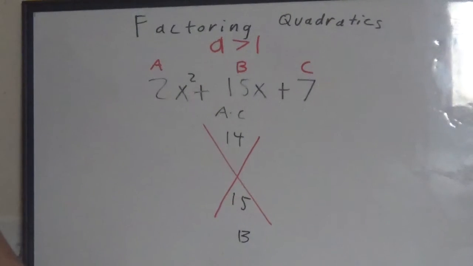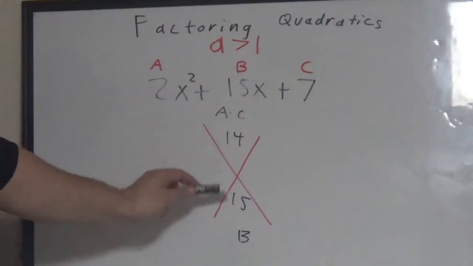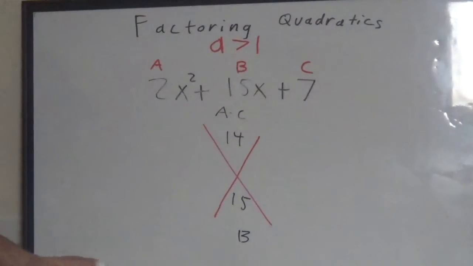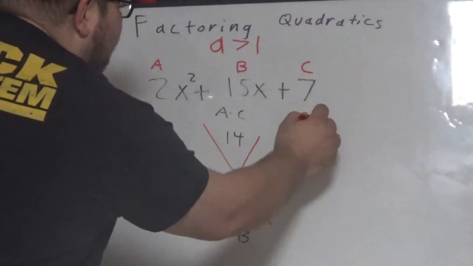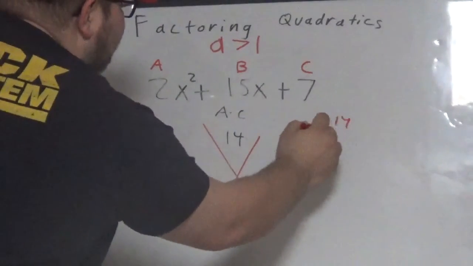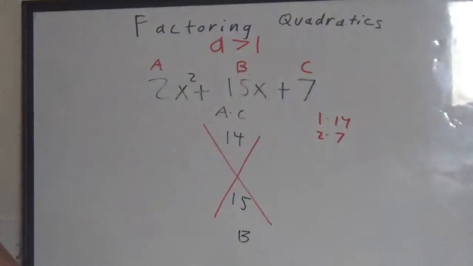From here, we're going to treat it the same way we did when a equaled 1, in the sense that we're going to find two numbers that multiply to 14 and add to 15. So we're finding the factors of 14. Factors of 14 are 1 times 14 and 2 times 7.